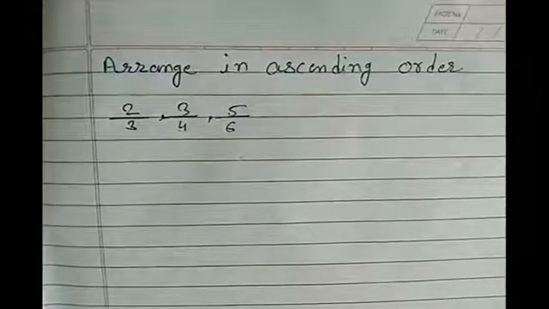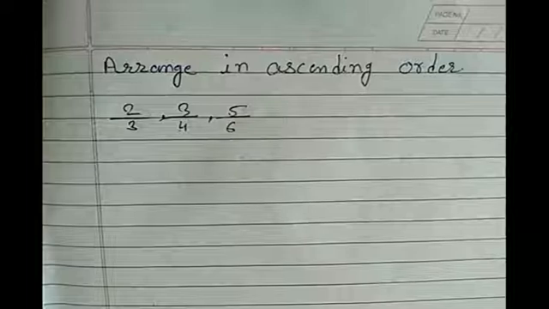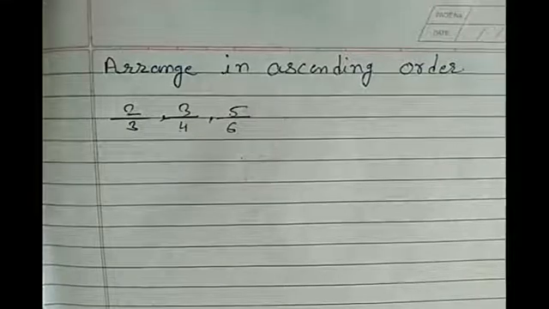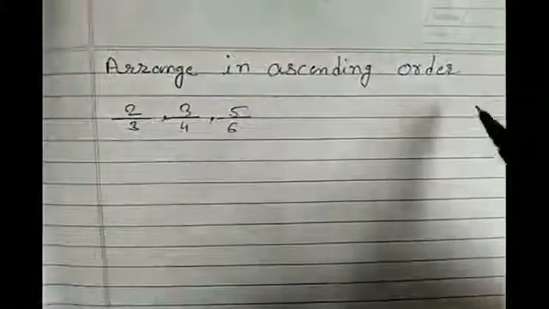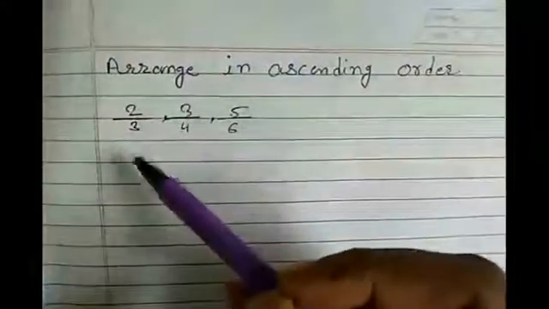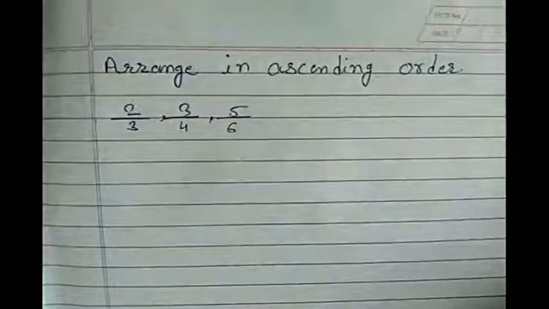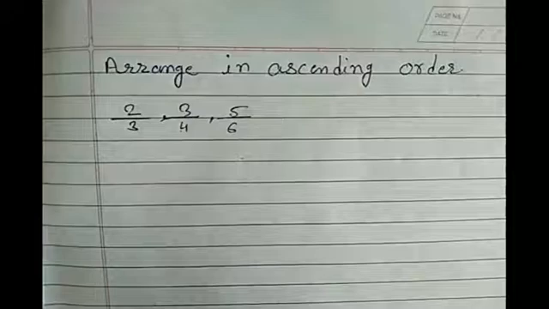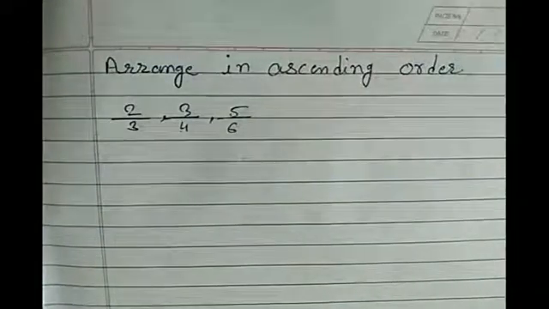Now the second type of question relating to comparison is: arrange the following fractions in ascending or descending order. So let's take an example. Arrange in ascending order. The fractions given are 2 upon 3, 3 upon 4 and 5 upon 6. As I told you previously, for comparison we need a common denominator, or all fractions should be like fractions.